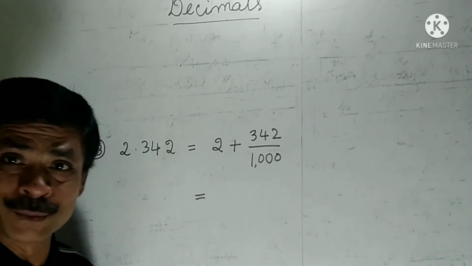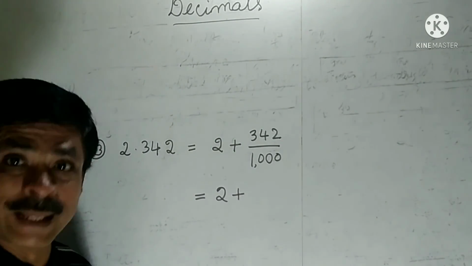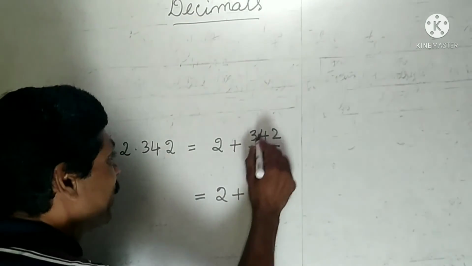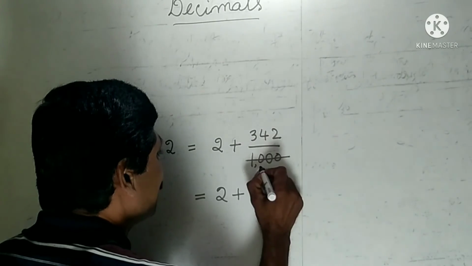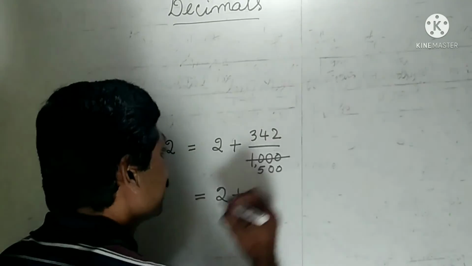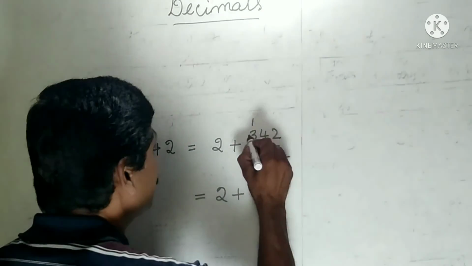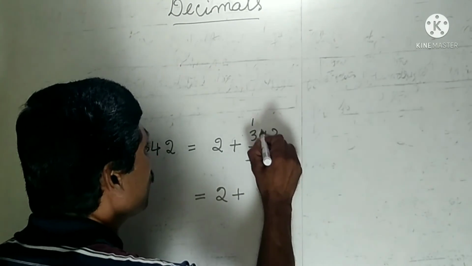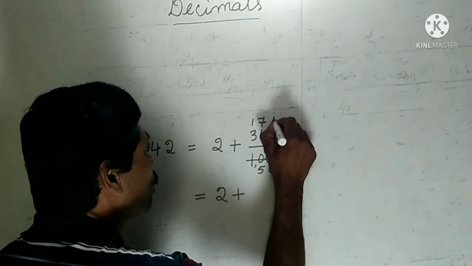This is equal to 2 plus, we'll simplify this one: 2 5s are 10, 0 0, 2 1s are 2, 2 7s are 14, 2 1s are 2.